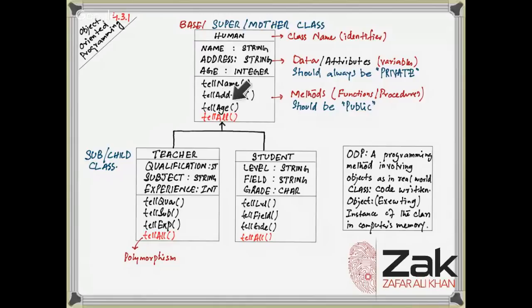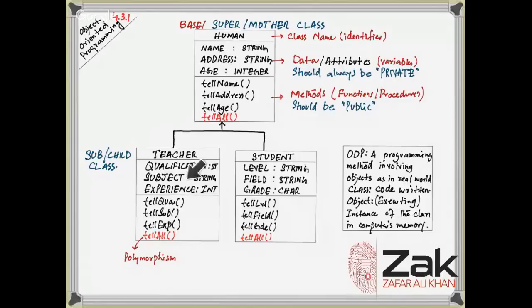So what these methods meant here is that when you call this method, it tells the name, meaning whatever data is stored in the name will be returned. Tell address does the same and tell age does the same. But this tell all is telling about name, address, and age, all.